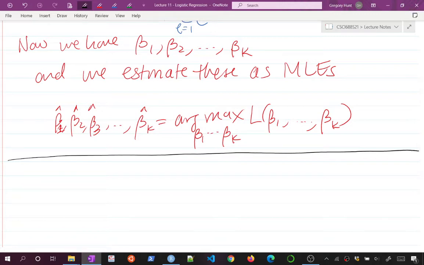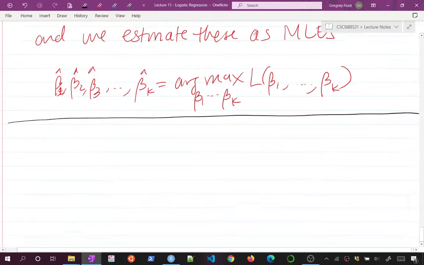And again, you have to solve that optimization problem numerically. You have to throw it in an optimizer, ask your OR friends to solve it for you. There's no closed form solution, unfortunately. So it does take some time to fit, but on modern computers with a small data set, you're not going to really notice it.